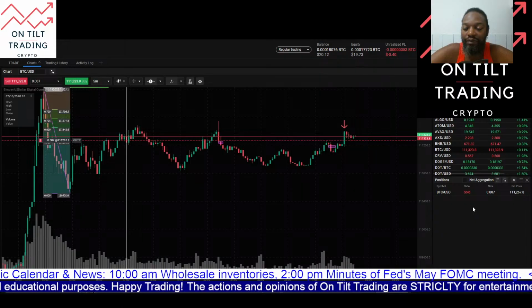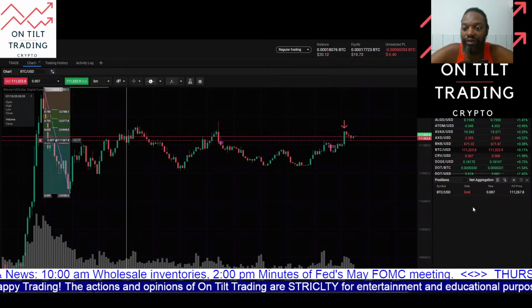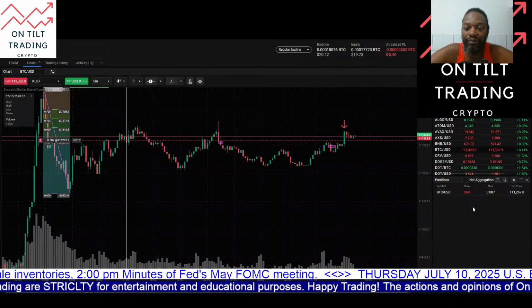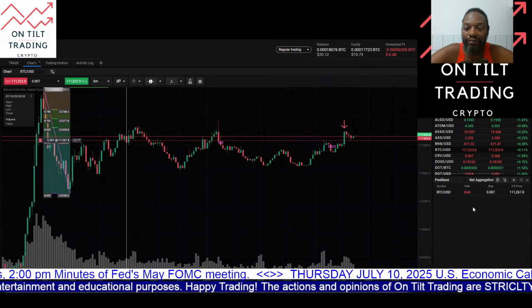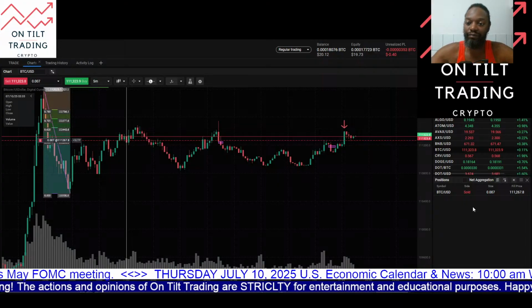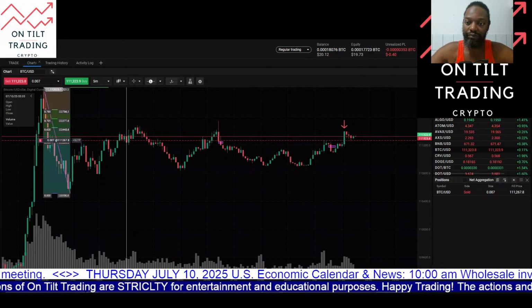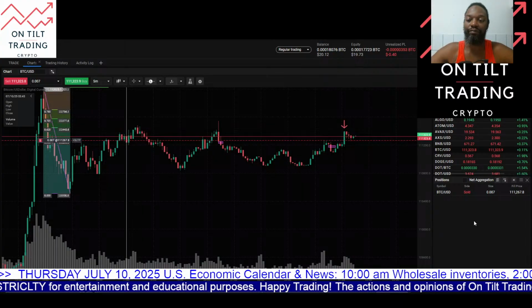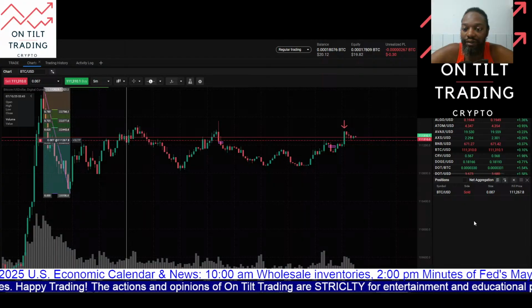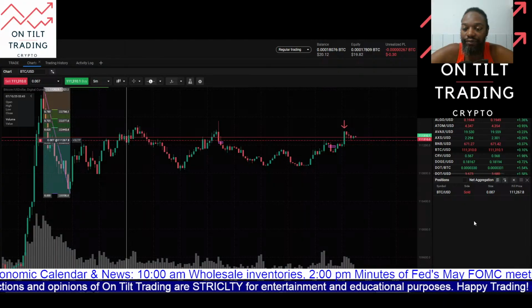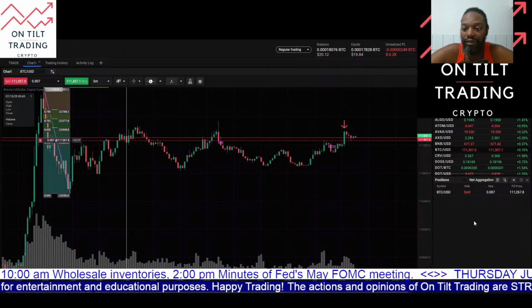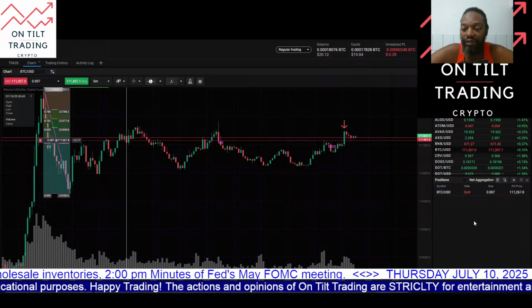Some sell side delivery here, price traded near the 111,320 level. Some sell side delivery here. Price looking to test the 111,300 level.